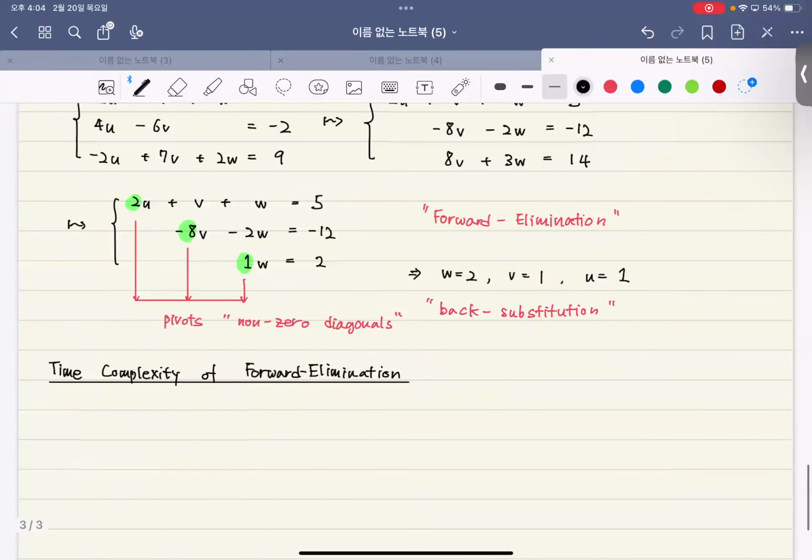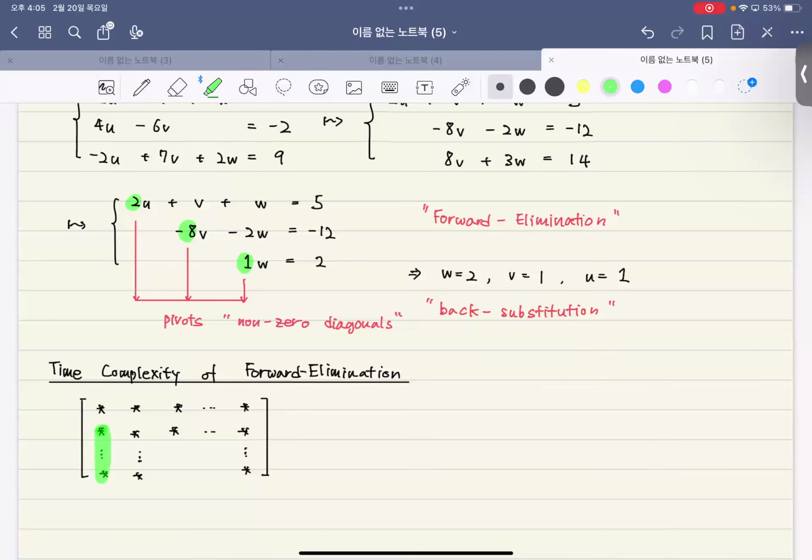Generalizing this, in order to get rid of these numbers, I have n numbers here, I have n numbers there, and how many multiplications do I need?